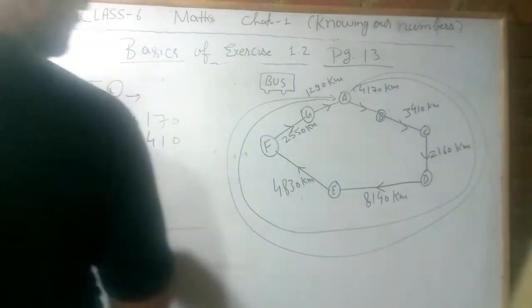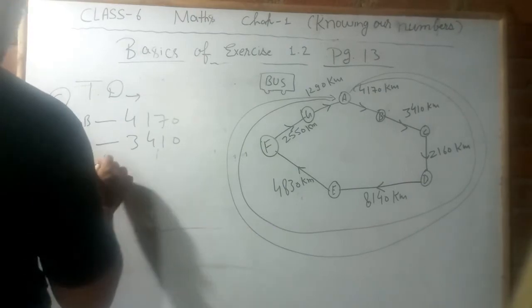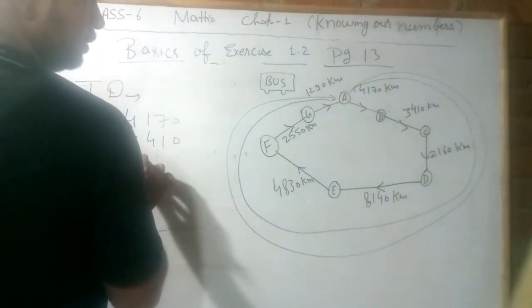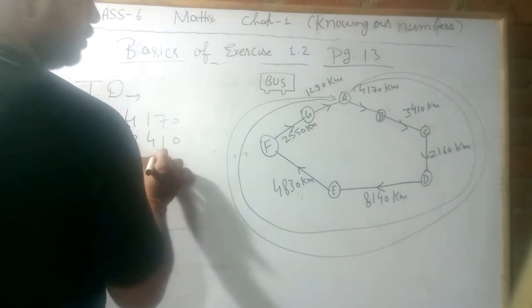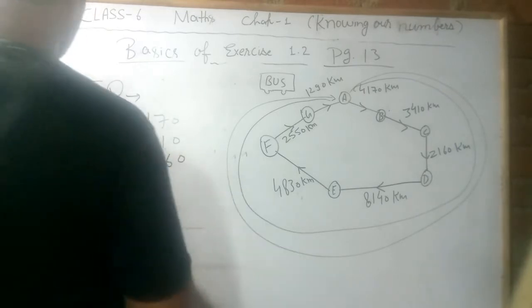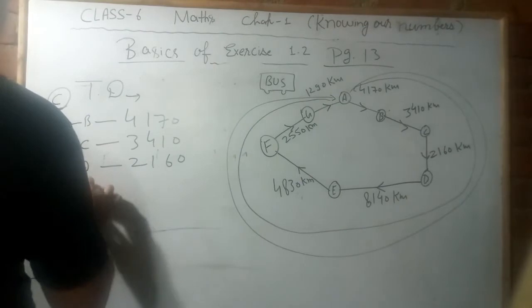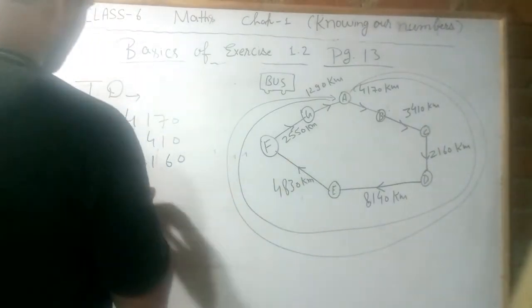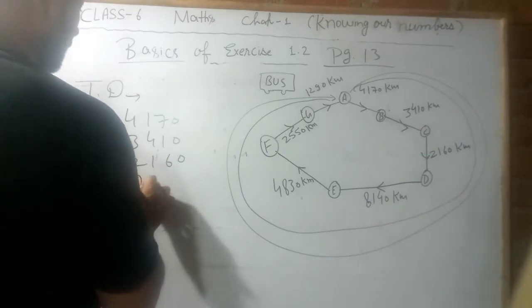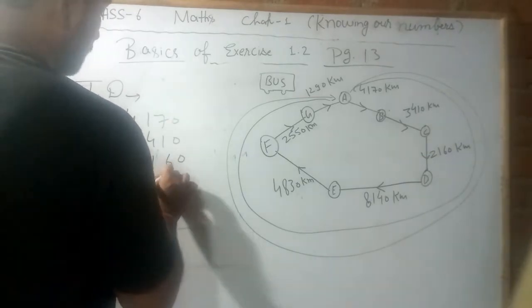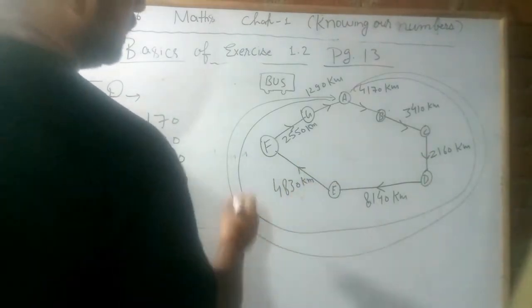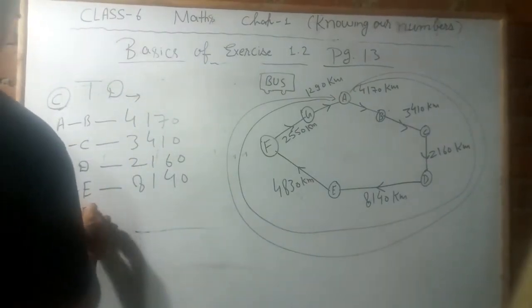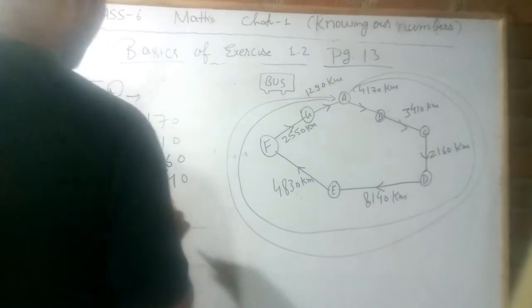Now C to D, 2,160. Now D to E, 8,140. Now E to F, 4,830.